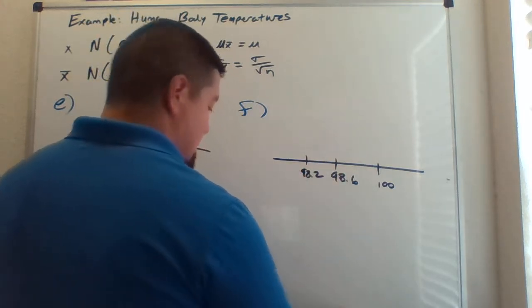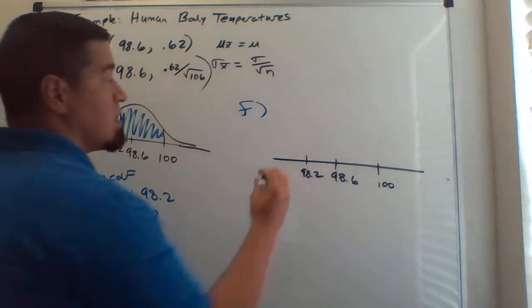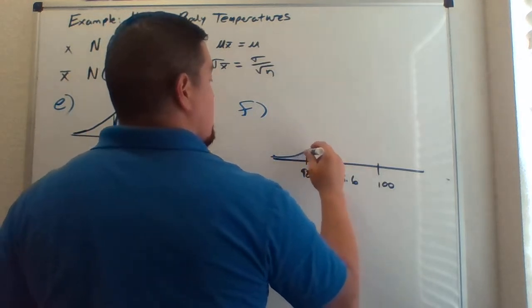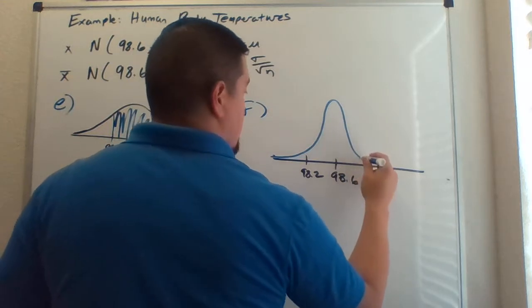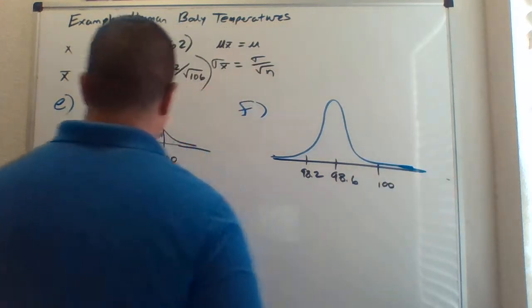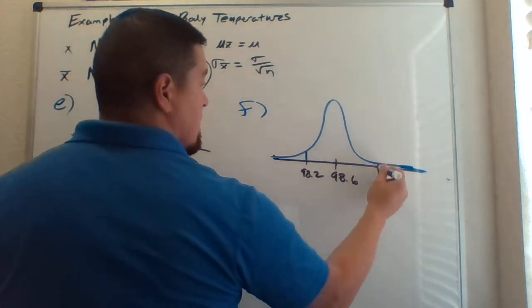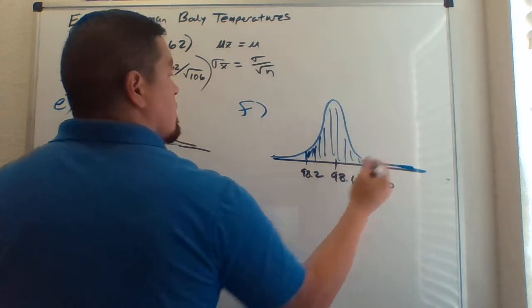But since the sampling distribution is for 8 people, I will narrow my normal curve in this way, okay? And I'm still interested between 98.2 and 100. So there it is.